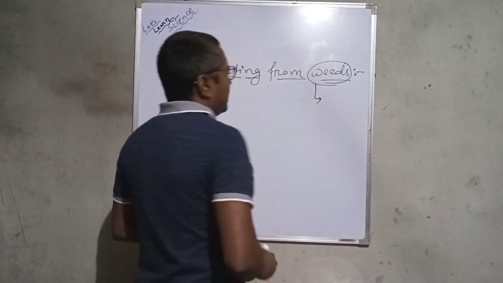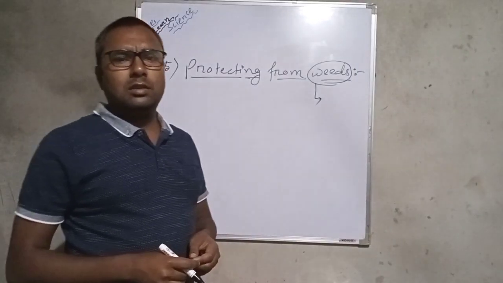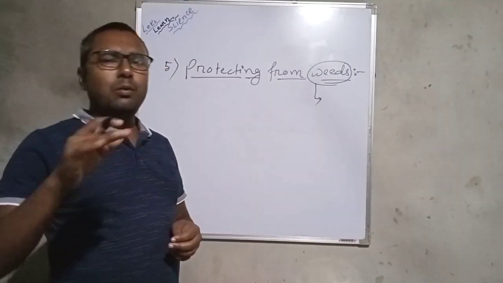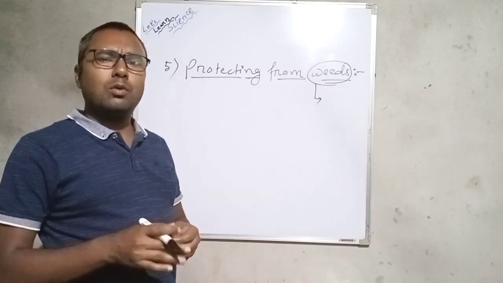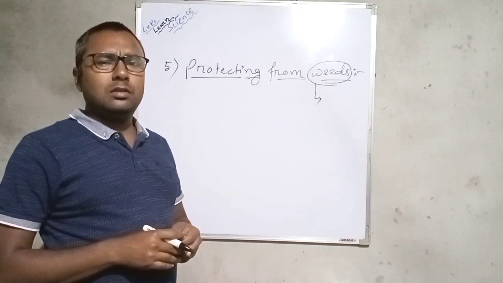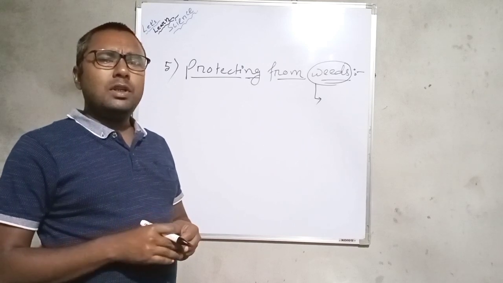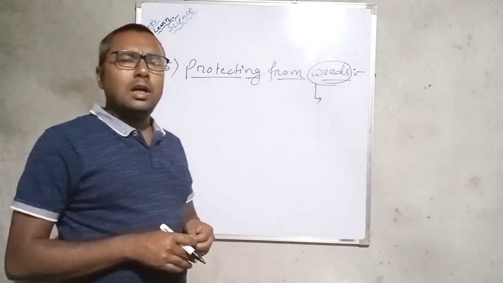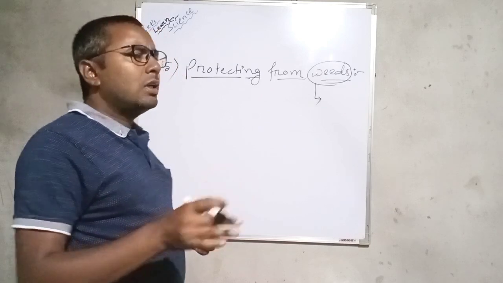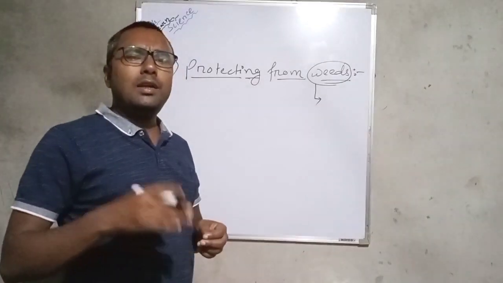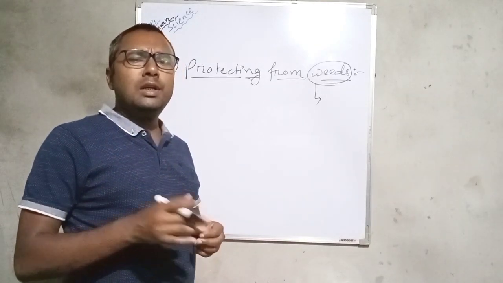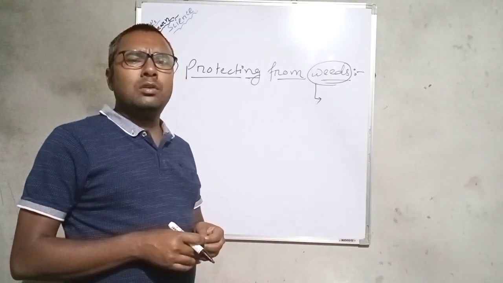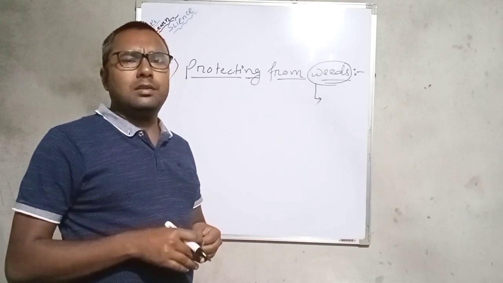What are called weeds? Weeds are the unwanted plants that grow along with the agricultural crop or the crop plant, and that must be removed, otherwise that unwanted plant will compete for the nutrients, sunlight, and water with the crop plant.